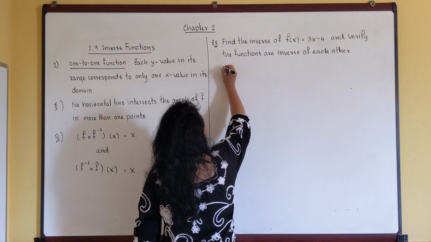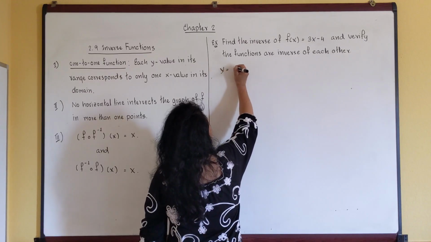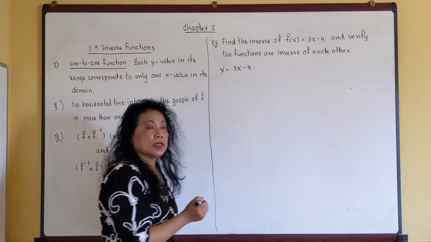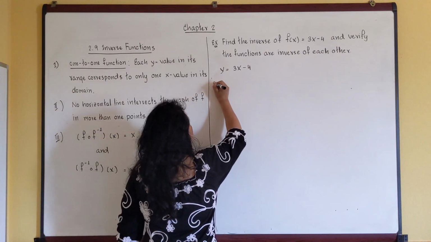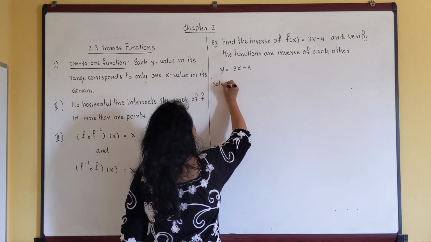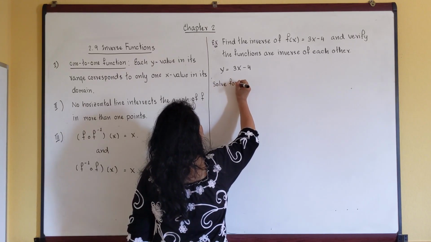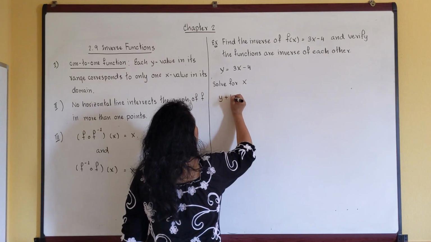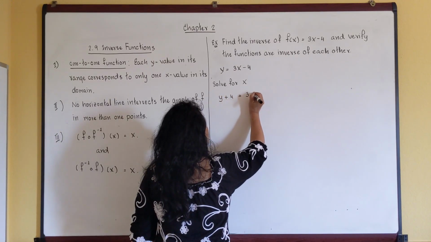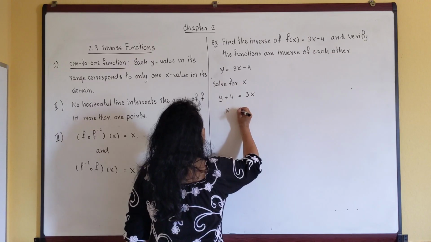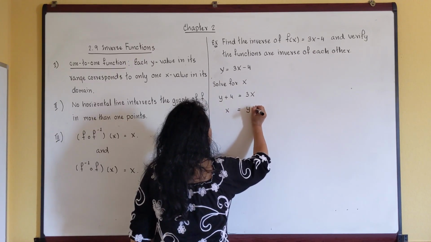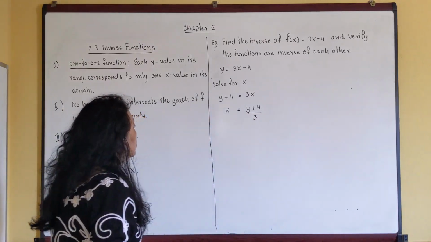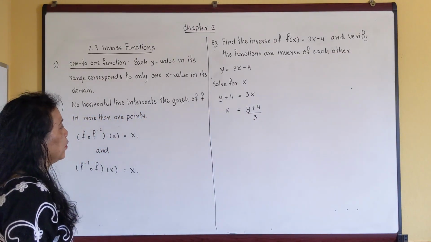So I'm going to write it as y equals 3x minus 4. Now I'm going to solve for x. So I'm going to have y plus 4 equal to 3x. So my x would be y plus 4 over 3.